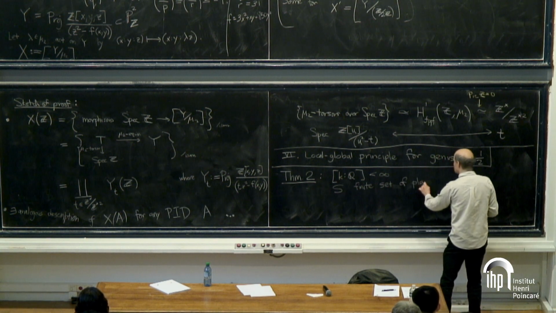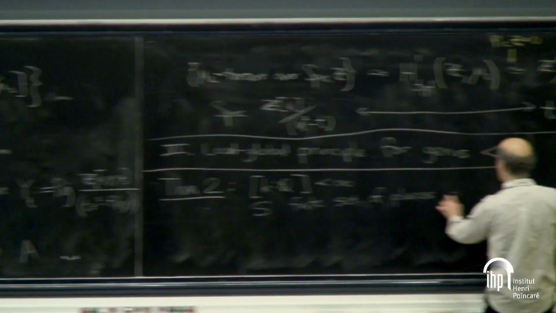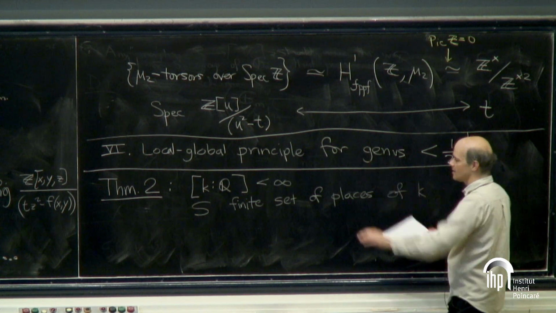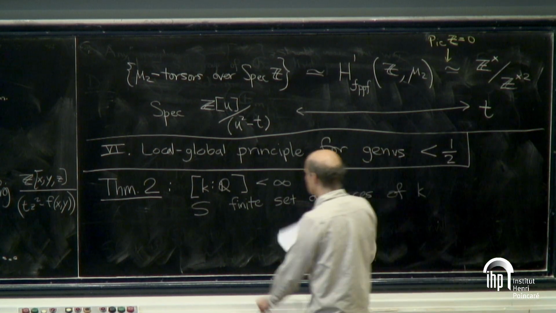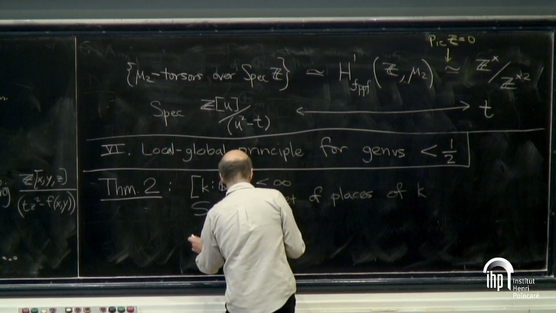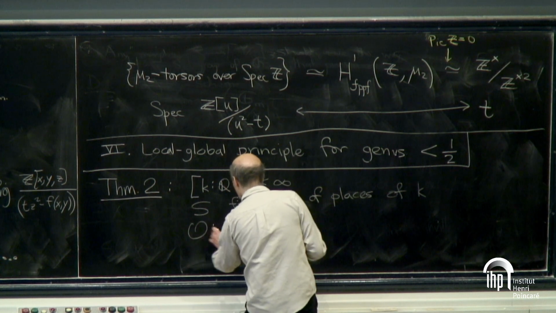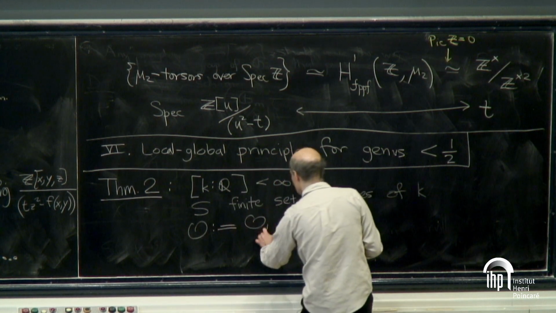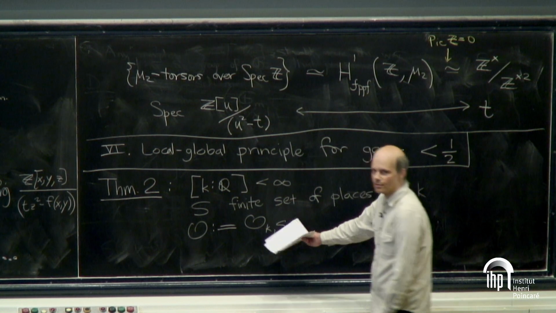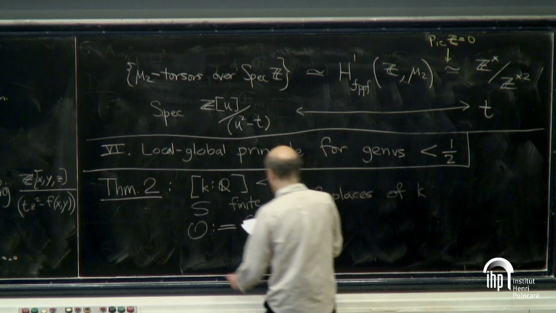So S will be some finite set of places, say containing the Archimedean ones, and so on. And then you can define O to be the ring of S-integers. Maybe I won't; I guess you know what S-integers are.